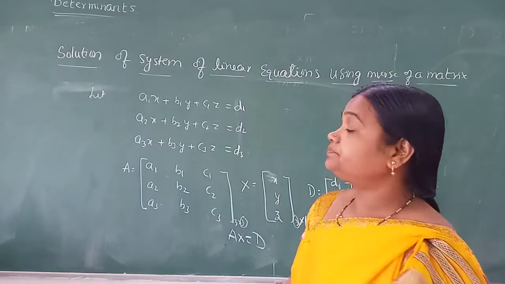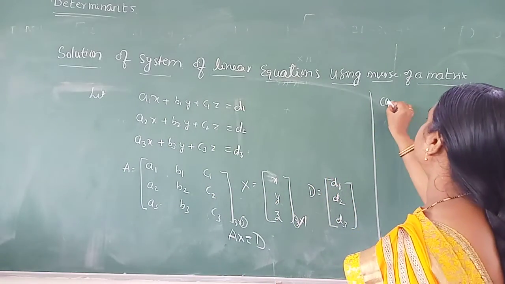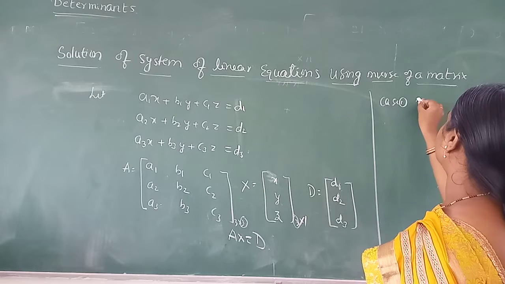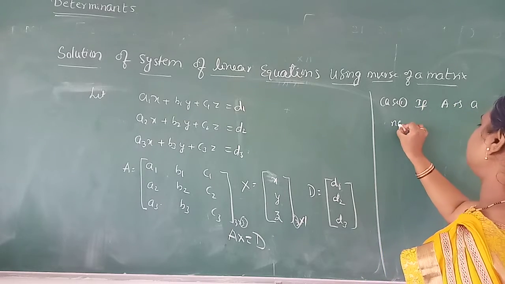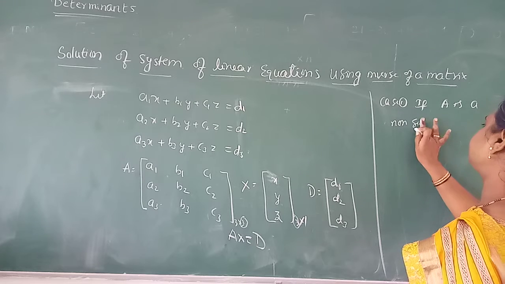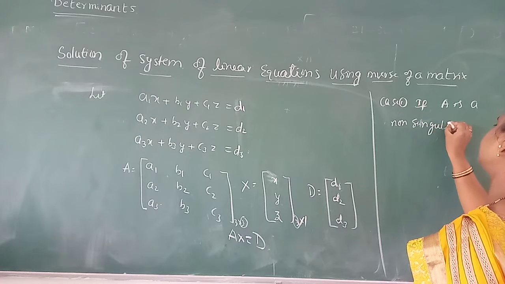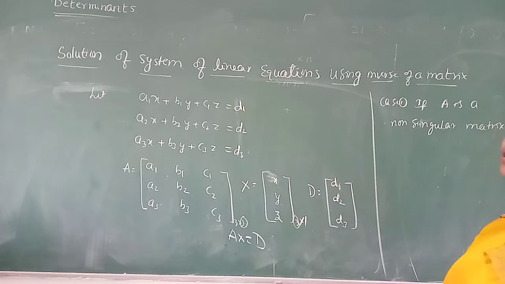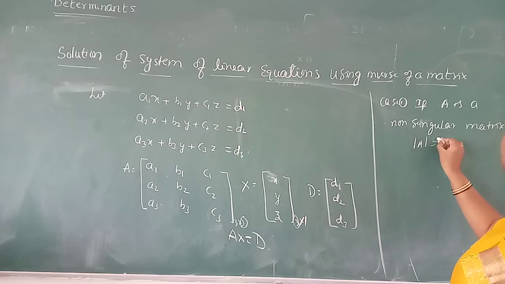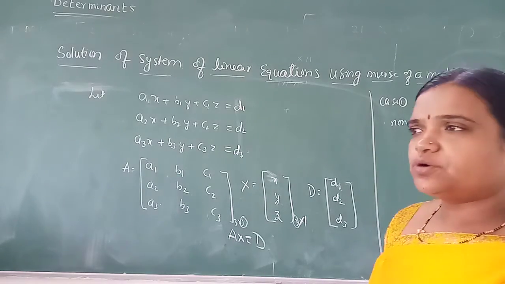Okay. See, case 1. If A is a non-singular matrix. A is a non-singular matrix, nothing but determinant of A is not equal to 0.